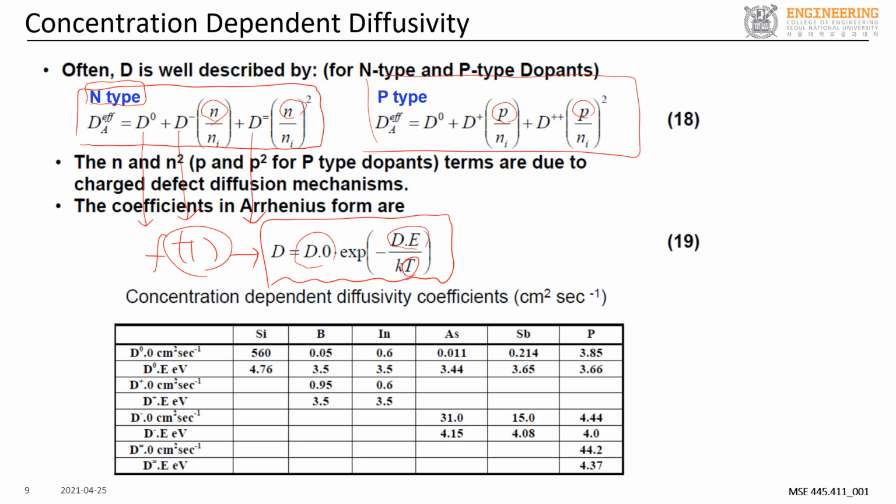These are the tables which show all the values you can use for different impurities in silicon for this diffusivity. So using these values, you can actually calculate the diffusivity as a function of concentration and temperature.